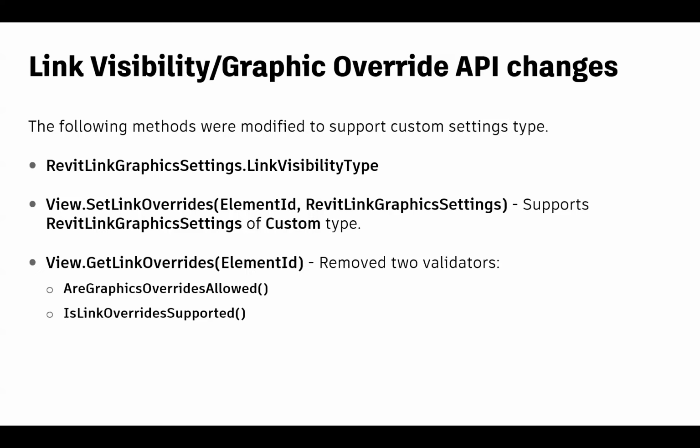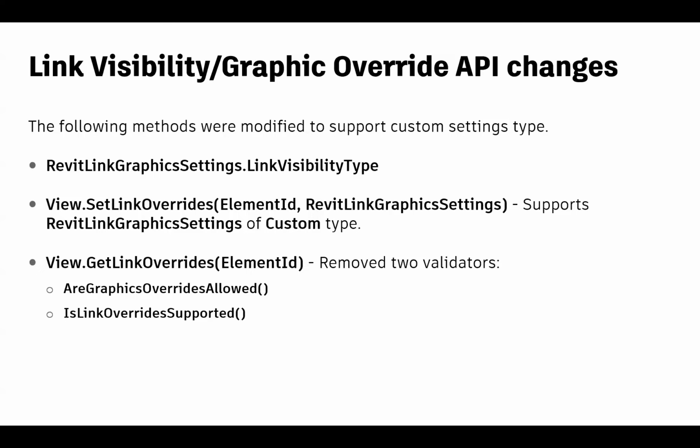One is by host view, one is by linked view, and there is also in the UI a custom settings option, which was not supported by API before. But now we added this API, and because of that, we had to change some things here.